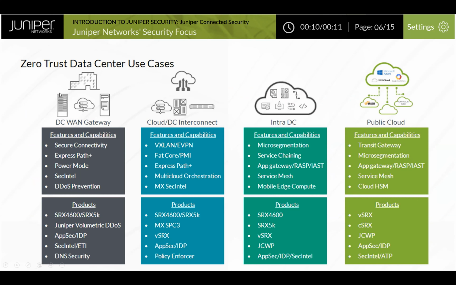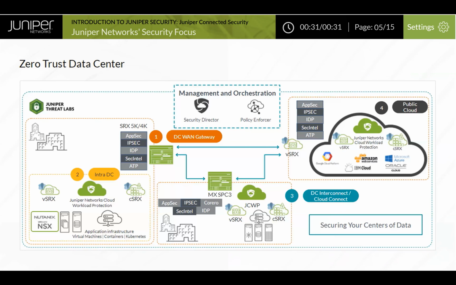Okay, if you consider the zero trust data center, this is the use case. If you consider the DC1 gateway, Bilal, when you said intra DC, it doesn't mean between two DCs. Intra DC means within the DC.